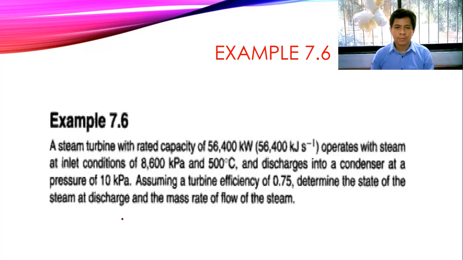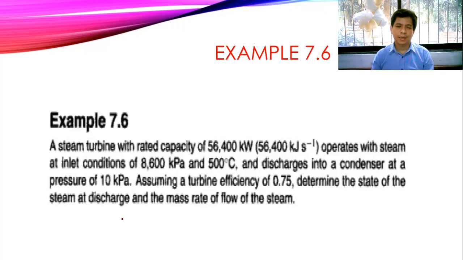It is part of being a chemical engineer. You should know how to read a steam table. Basically, this is in SI units, so go to the superheated part. First find the pressure, 8,600 kilopascal.